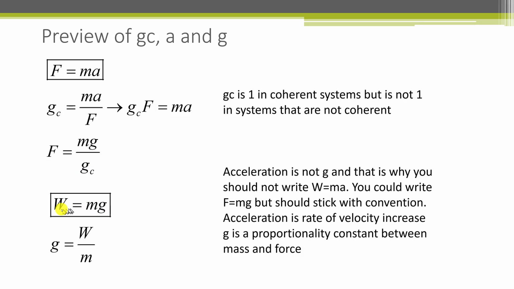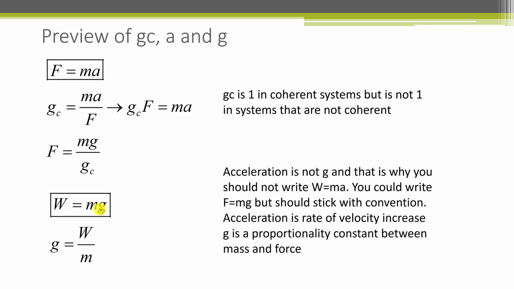Another issue you might have is why not write this W equals ma? These equations, even though they have identical units, are not the same. In particular, a is acceleration. It's how fast an object is changing its velocity. Here, g is the gravitational field strength. It is not acceleration. And to prove that, just consider yourself standing on the ground, not moving.